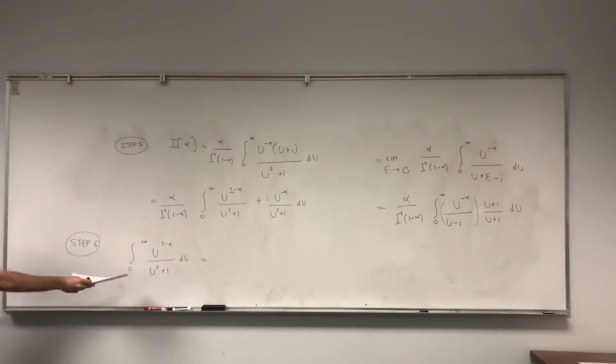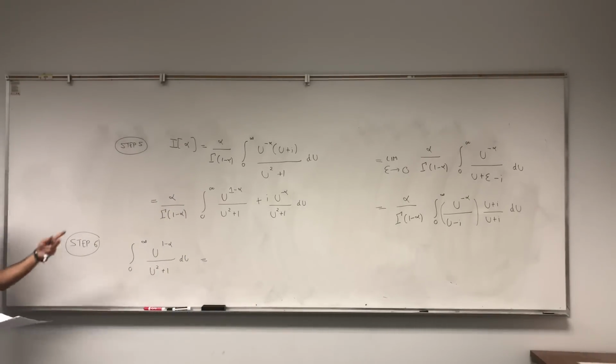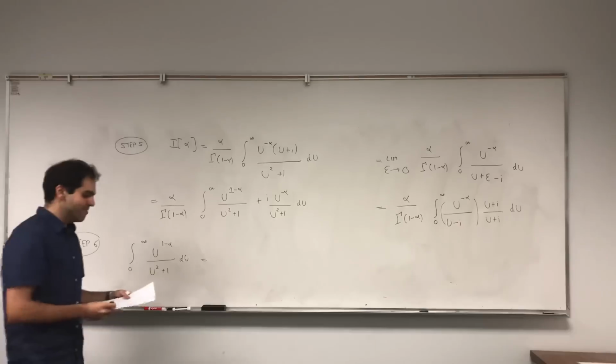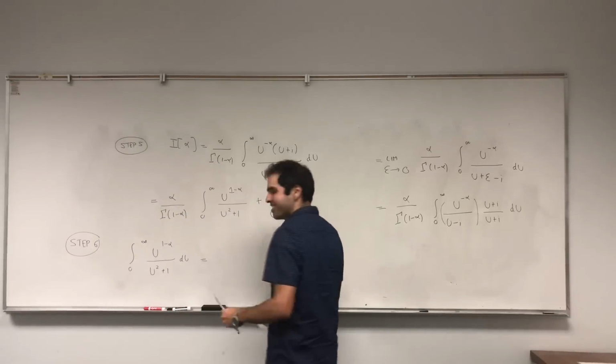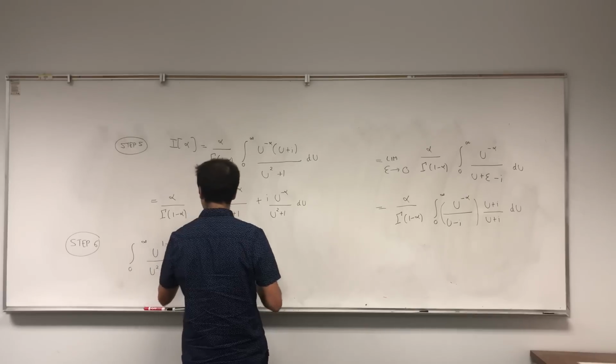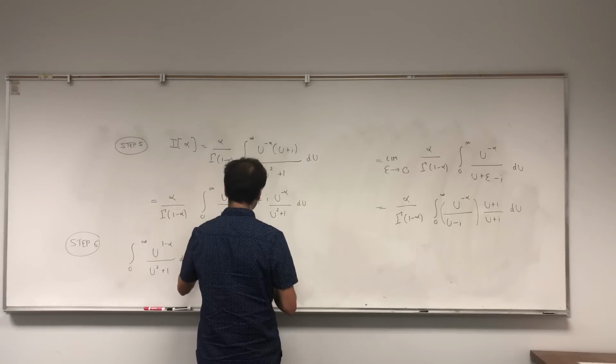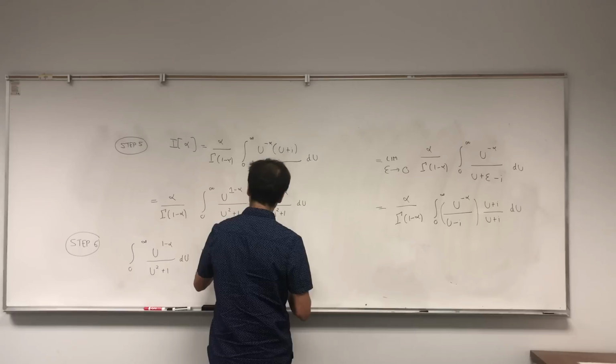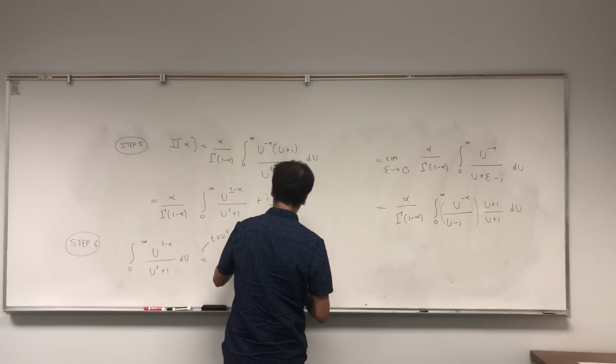Now, it would be nice if this u squared were just like an x or a t, because we want to use, as I said, an unknown special function. And for this, let's use the u-substitution, t equals u squared, then dt is 2u du.